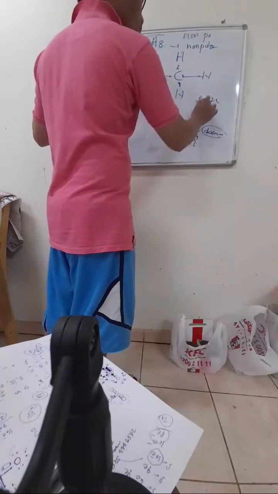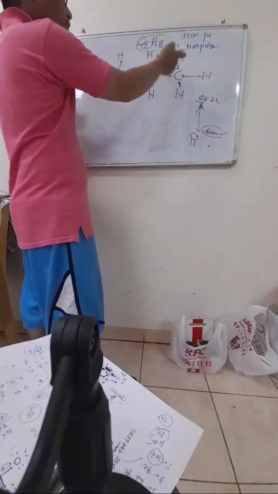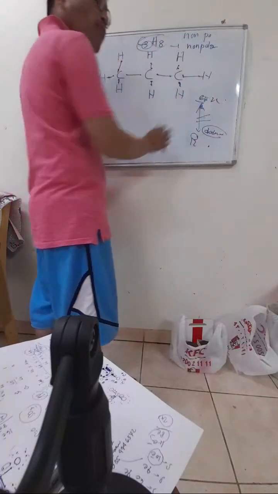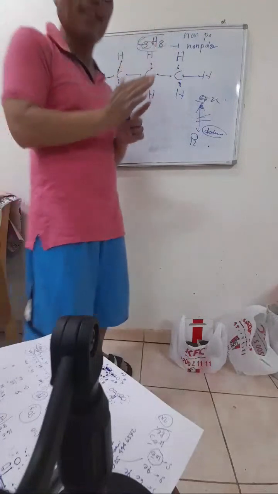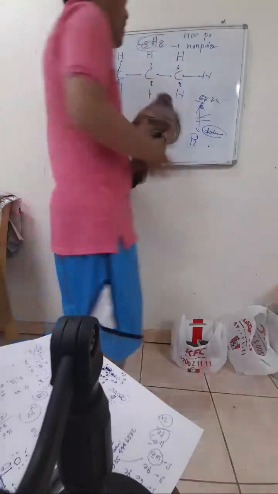I'm just putting directly the minimum and the maximum, but propane will be somewhere in the center. I don't have to discuss that because it is not our specific topic and it will consume our time.